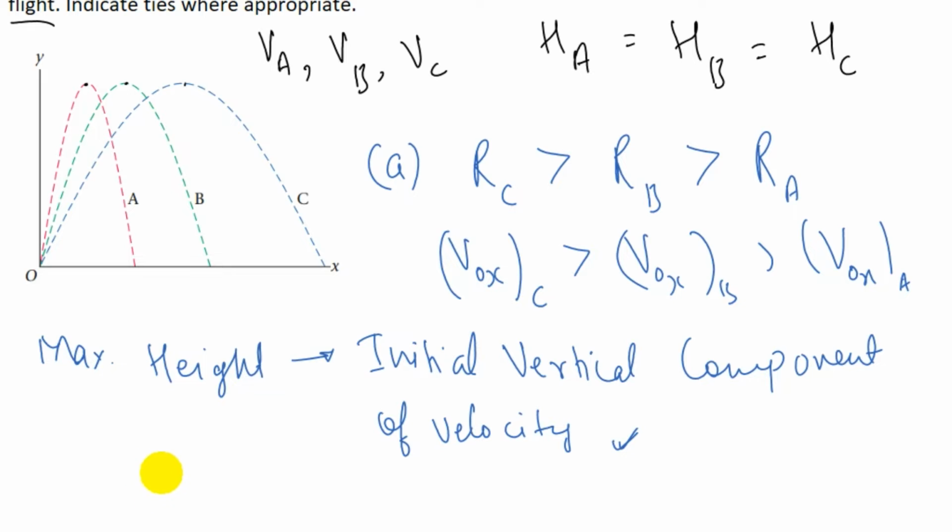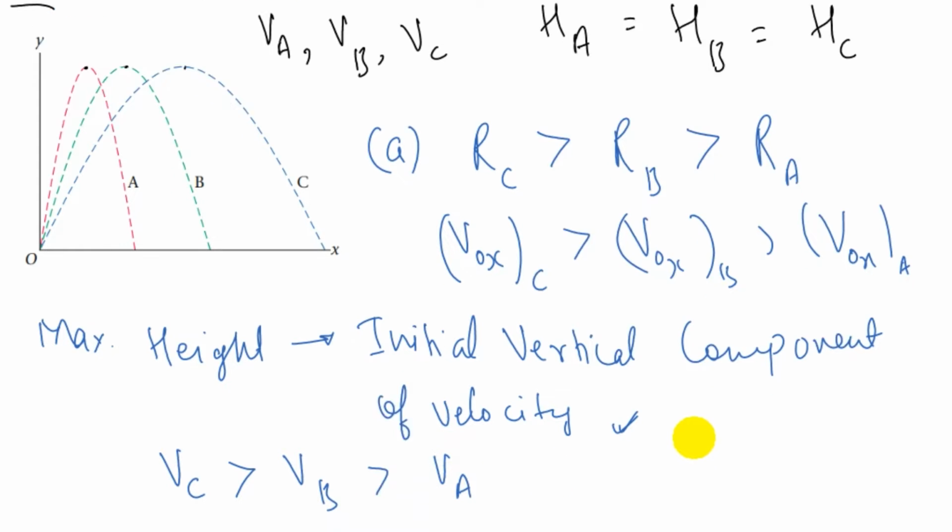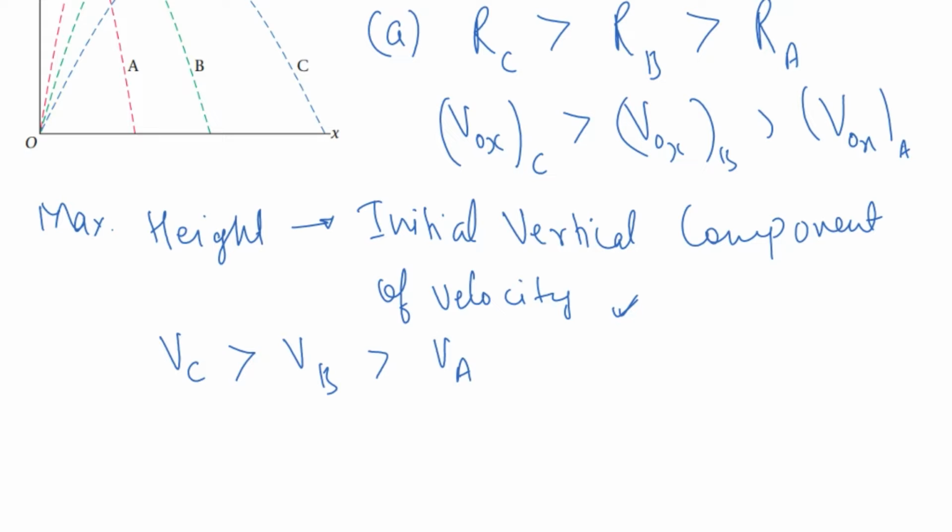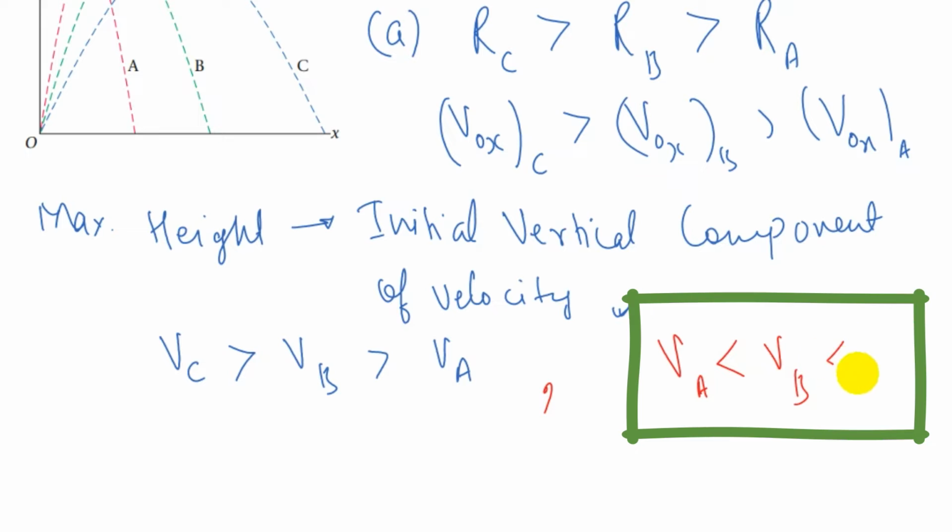Thus we can say that the speed for projectile C is greater than the speed of projectile B, which is greater than the speed of projectile A. And since we have to write the answer in increasing order, we can rewrite this as VA is less than VB is less than VC. So this will be the answer for the A part.